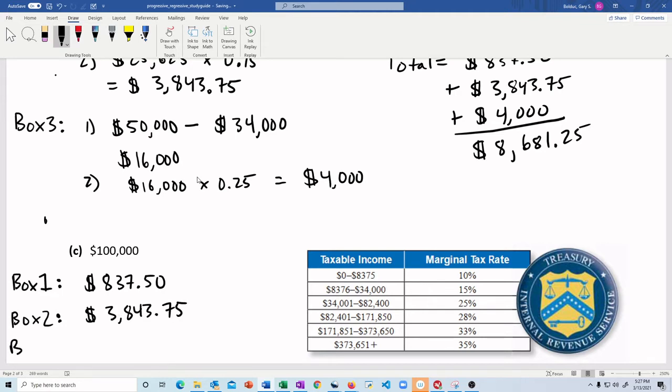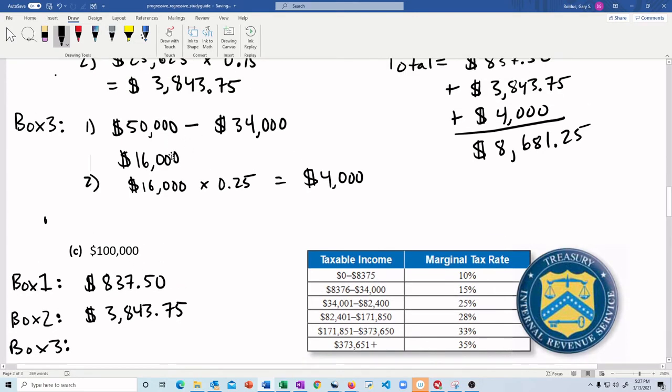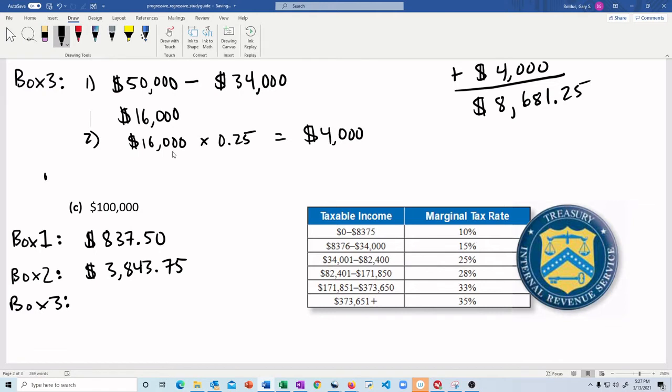All right, well, let's check out box 3 now. I look at box 3, that goes up to $82,400. I do fill that one up. That's not the case in the previous example, so I'm going to have to do a little more work here. So first things first, how much money actually is in box 3? 82,400 minus, how much have you already been taxed on?